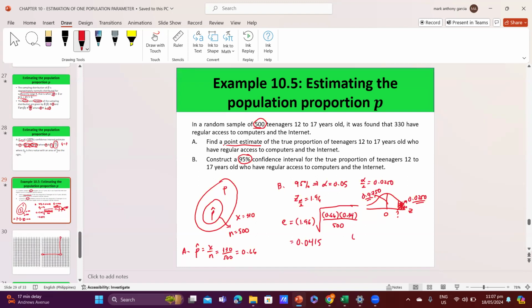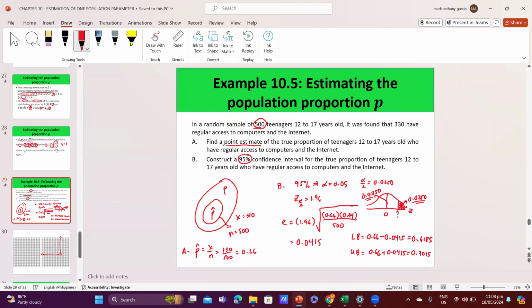So this means that our lower bound is 0.66 minus 0.0415, and subtracting that value will give us 0.6185. And then for our upper bound, that's 0.66 plus 0.0415, which gives us 0.7015.